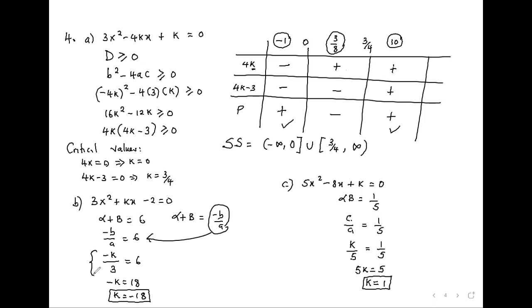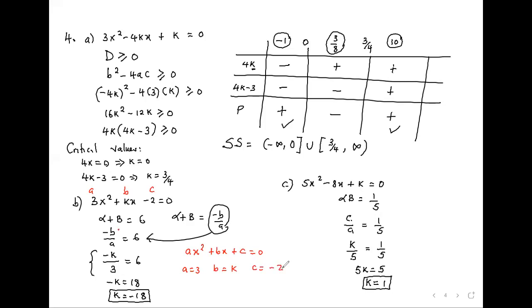Yes. So in the quadratic given, our a is 3, our b is k, and our c is -2. This is the quadratic that we're supposed to see. So we're saying a is 3, b is k, and c is -2.